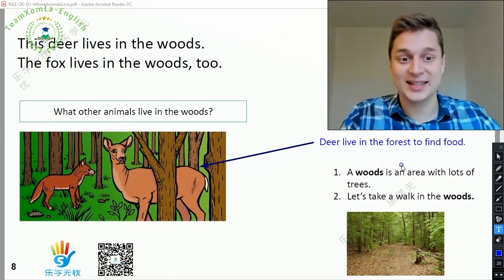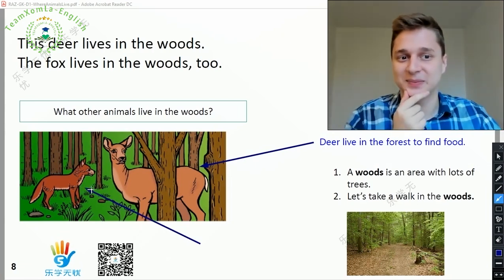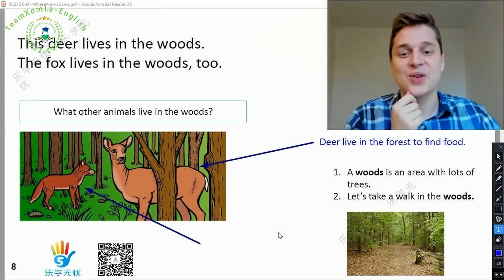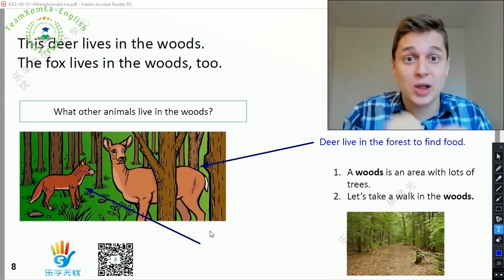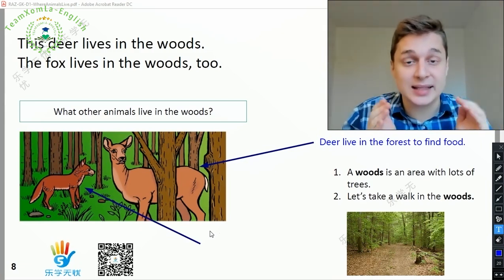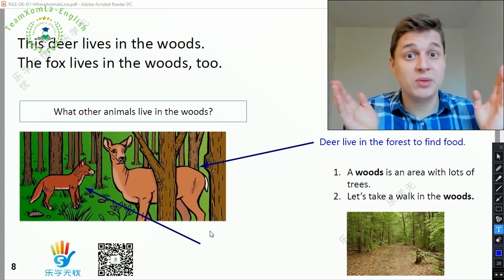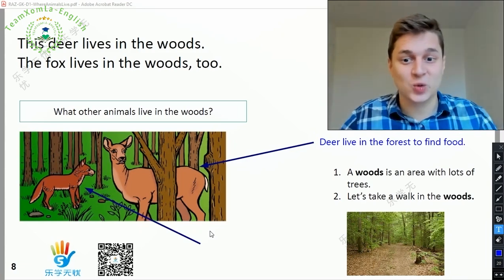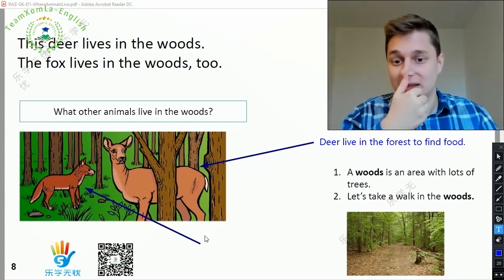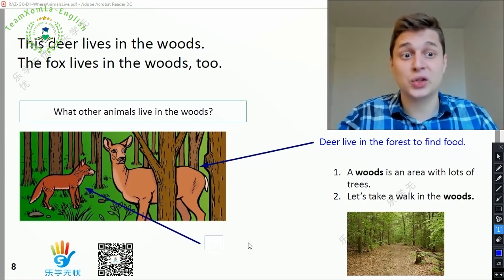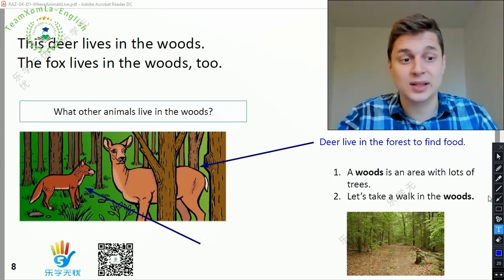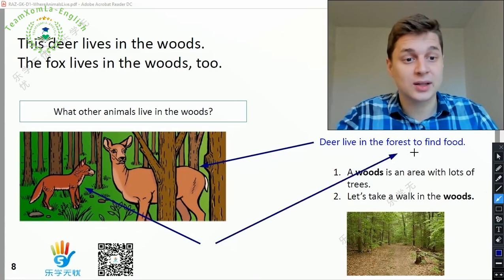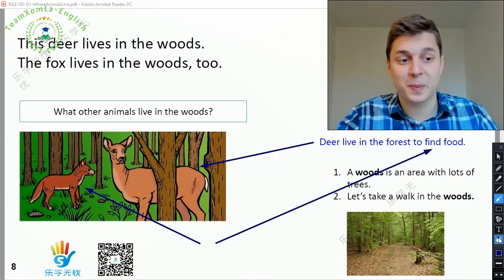And foxes do the same. What do foxes eat? Foxes eat small animals like mice, rats, or even birds if they can catch one quickly enough. So foxes stay in the forest to find small animals, or in other words, to find food.